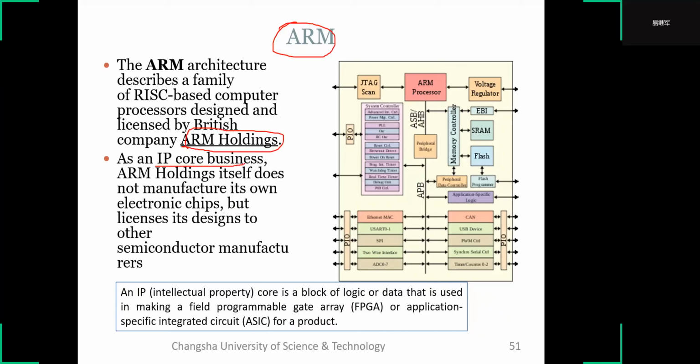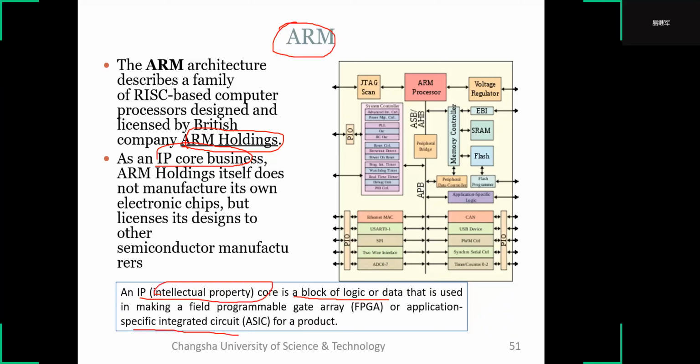IP, intellectual property core, is a block of logic or data that is used in making a field programmable gate array or application specific integrated circuits for a product.